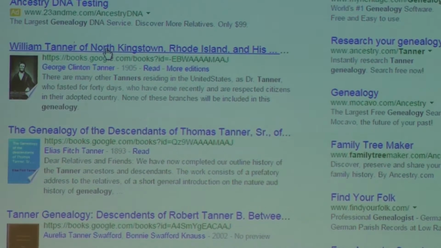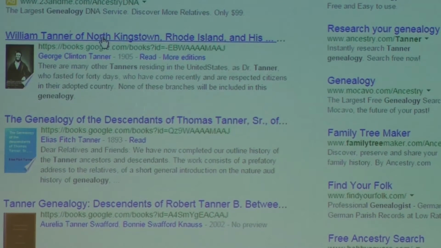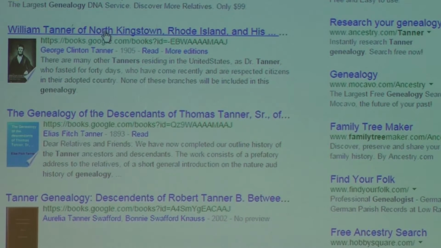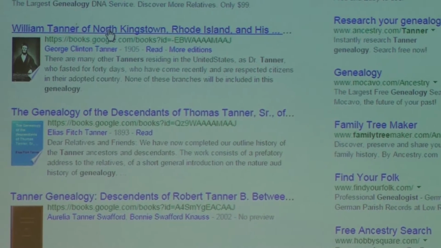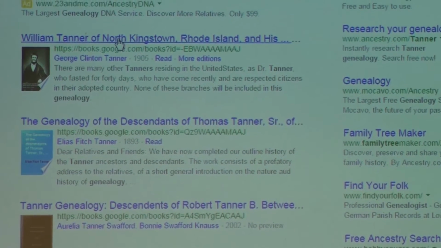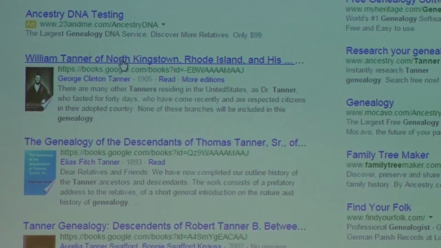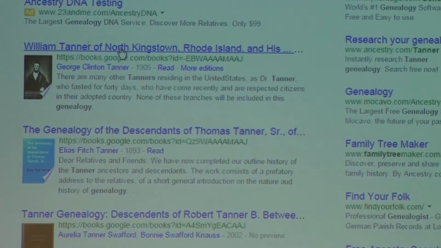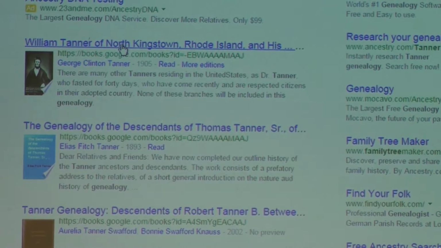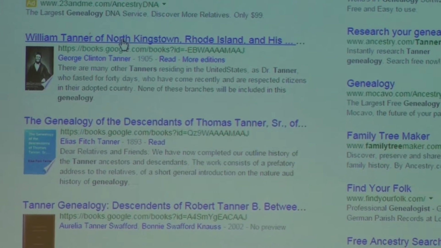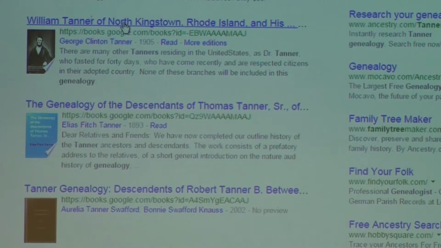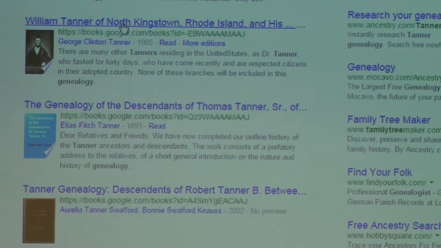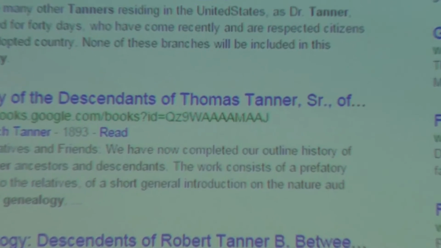So there we have some books, and then we have other books here, thousands of books. Now they come up in different categories. If you look closely at this, there's a category called read. Every time it says read by the books, that means Google has the entire book digitized online for free for you to look at.